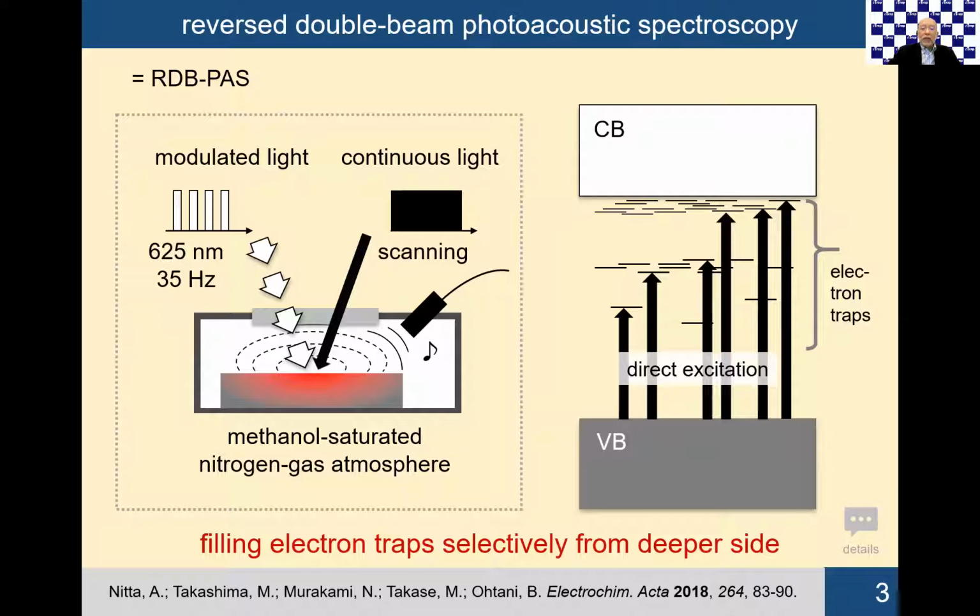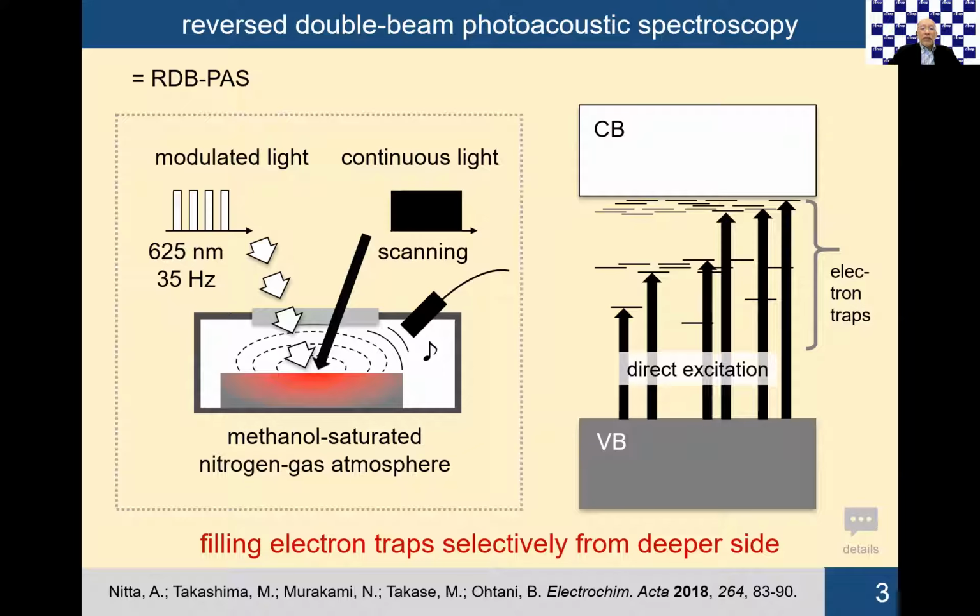And this new photoabsorption is detected by using PAS, photoacoustic spectroscopy. Photoacoustic spectroscopy itself is a conventional analytical method enabling detection of small photoabsorption by using sound.